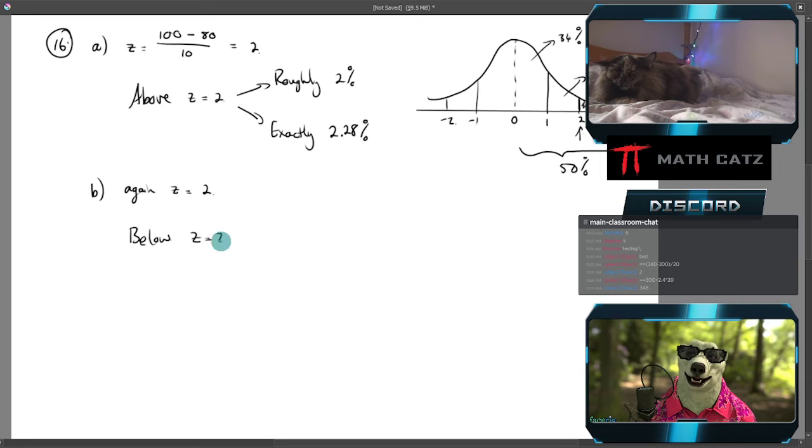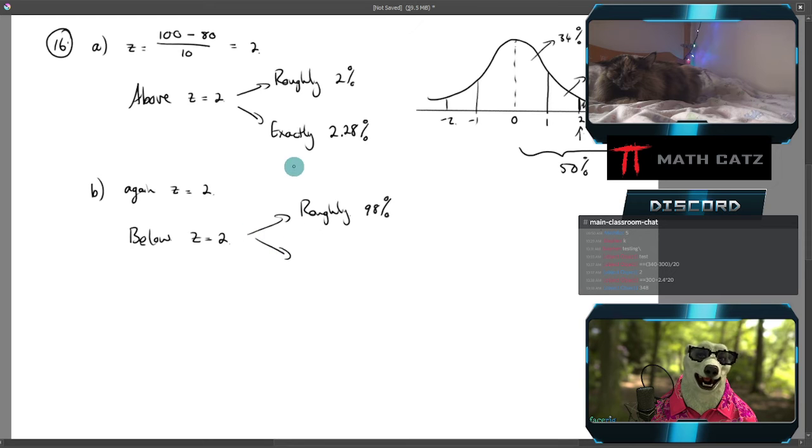this raw score. My z's look exactly the same as a 2, so let's make them a little different. So roughly, I can do it all from scratch, or I can look at this and say it's the same line here. If 2% is above, then 98% should be below.